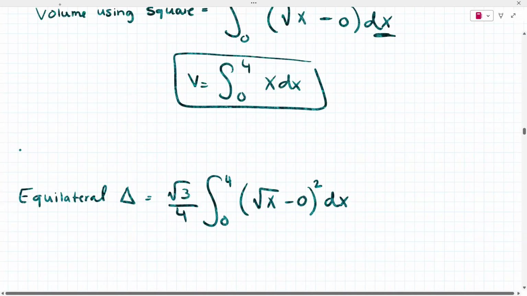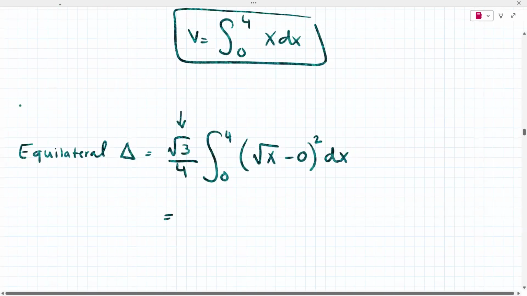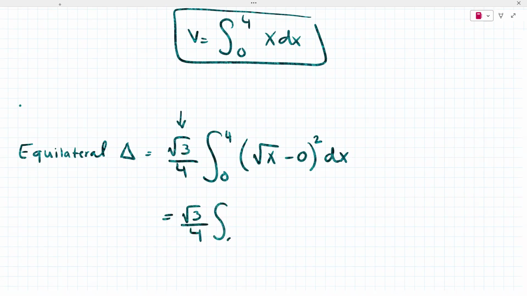It's the same thing, top minus bottom squared. The top is radical x and the bottom is y equals 0. And when we square it, the start and end points are still 0 to 4. The only difference is we put the constant radical 3 over 4. So when you simplify that, it's going to be square root of 3 over 4 from 0 to 4, and then radical x minus 0 squared is really radical x squared, which is just x dx.